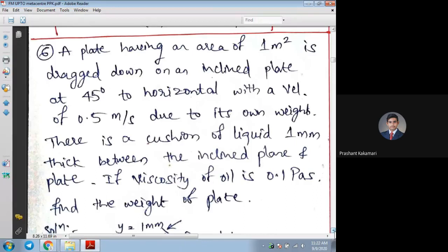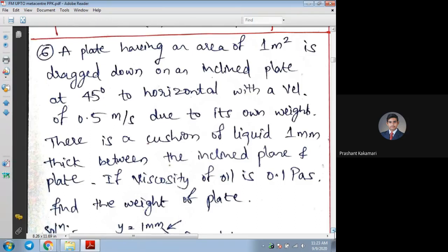A plate having an area of 1 meter square, unit area, is dragged down an inclined plane at 45 degrees to the horizontal with a velocity of 0.5 meter per second. So here velocity is given, angle is given. We'll see what to do with the angle.